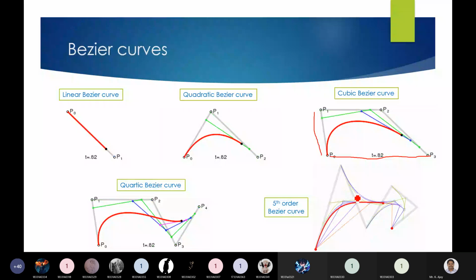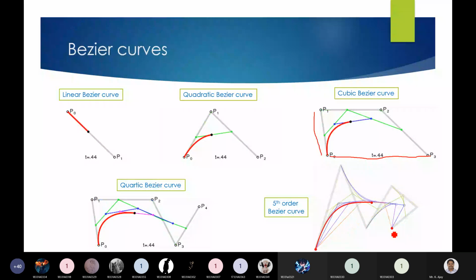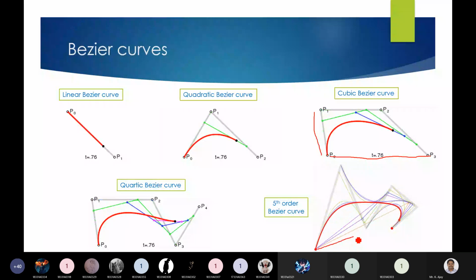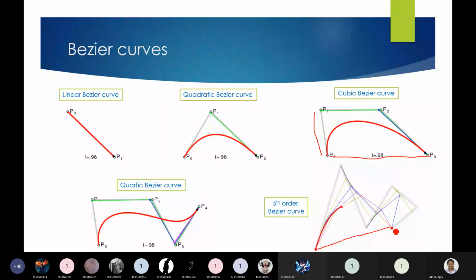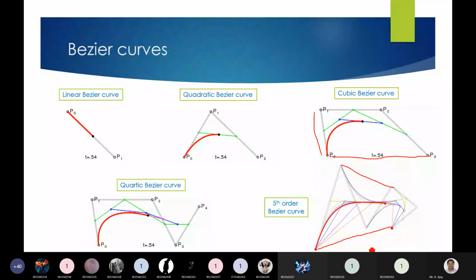And here itself I can say that the Bezier polygon is formed not only by simply joining the first and end points, but all the extreme points should be joined. These are the extreme points, right?